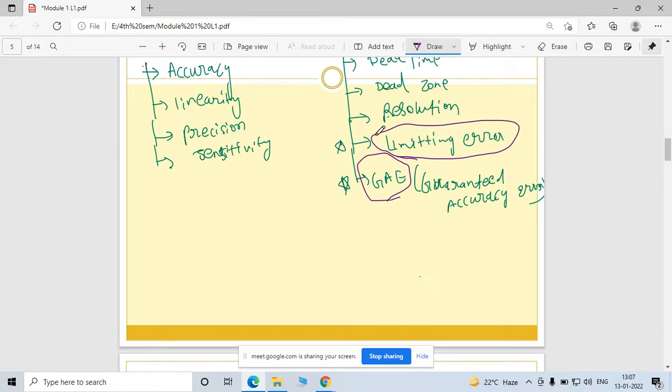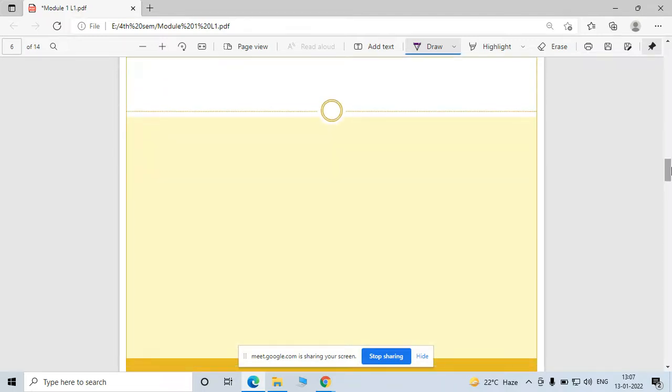The relative static error depends on the guaranteed accuracy error. If you know one of these quantities, you can easily find out the other. So I want to start with these two quantities.